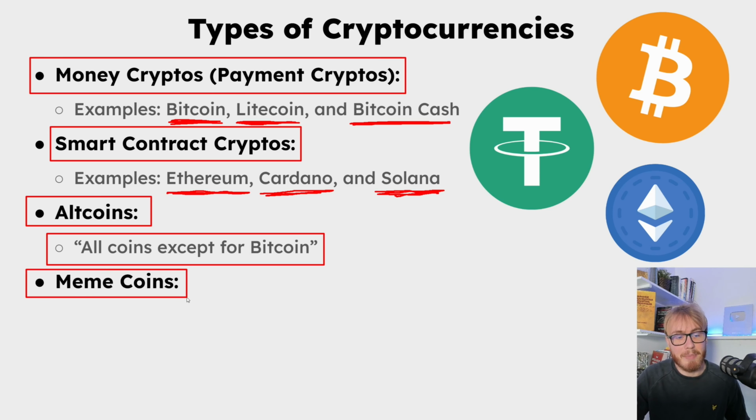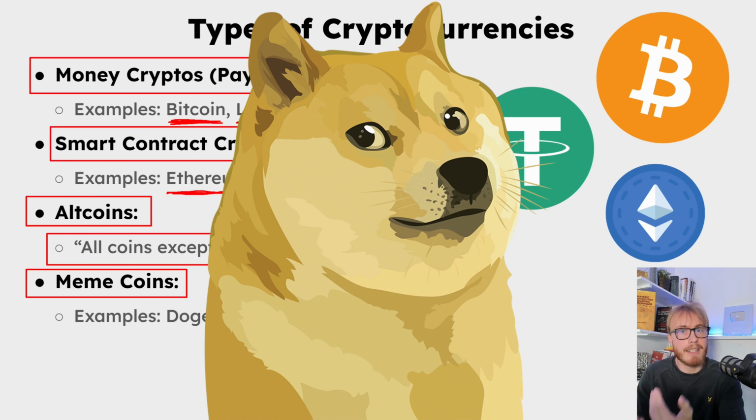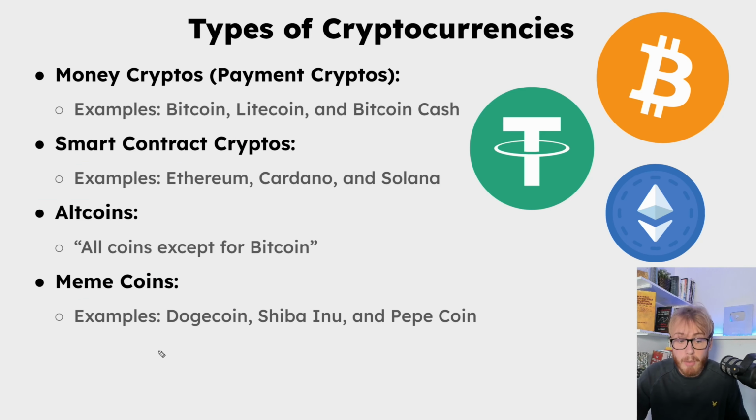The next coin type I just want to mention here real quick is something called meme coins. And what is a meme coin? Well, meme coins are basically cryptocurrencies that, most of the time, are based on internet memes and internet jokes. Some examples of meme coins are Dogecoin, Shiba Inu, and Pepe Coin right here.